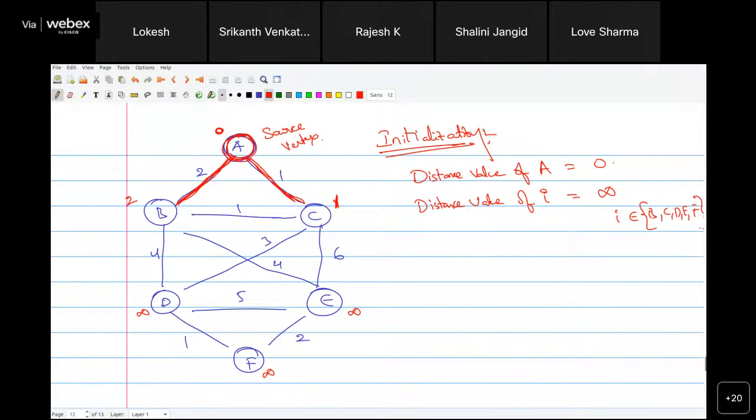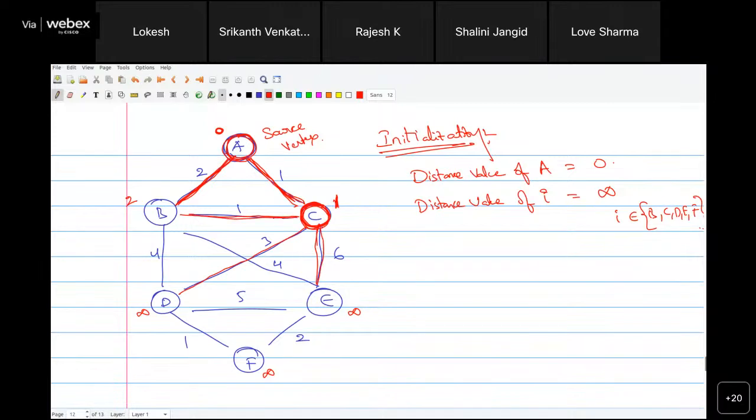So I will move to C, because it has the minimum distance value among B and C. Once I move to C, I will repeat the same process: look at the adjacent vertices of C and update their distance values to the minimum values. Now, once I reach C, there are 3 adjacent vertices: B, D and E.